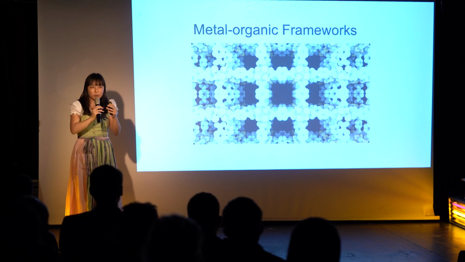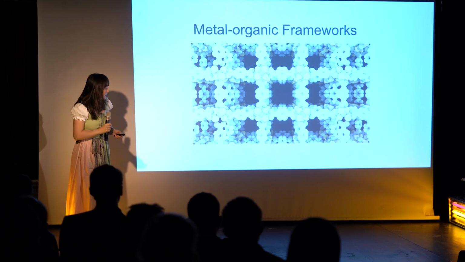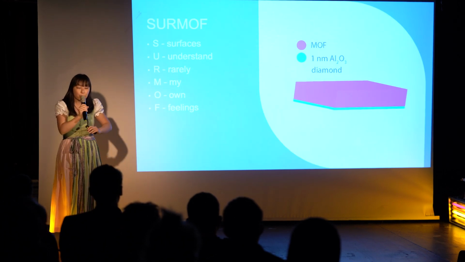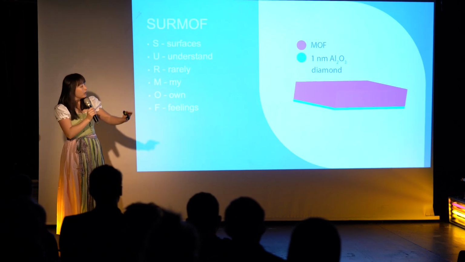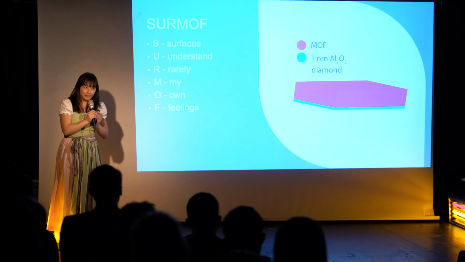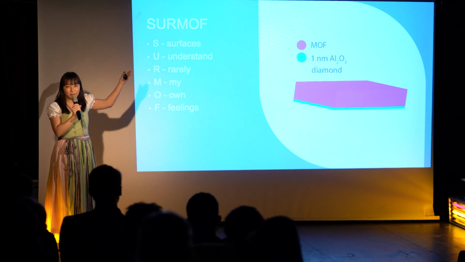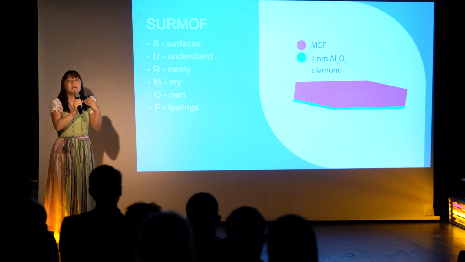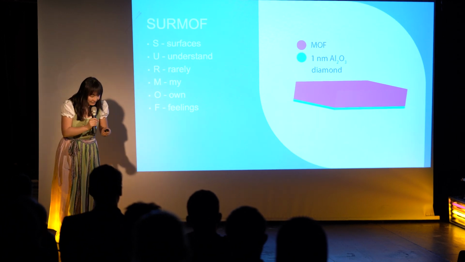You could trap individual molecules in them. So we were able to grow a thin layer of MOF on our diamond. And here's where I have to confess, while SURMOF stands for surface anchored MOF, to me it represents how emotionally challenging surface science is.